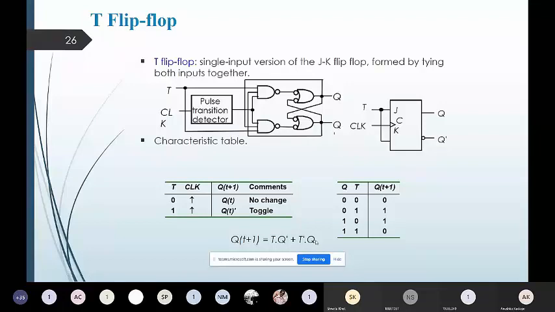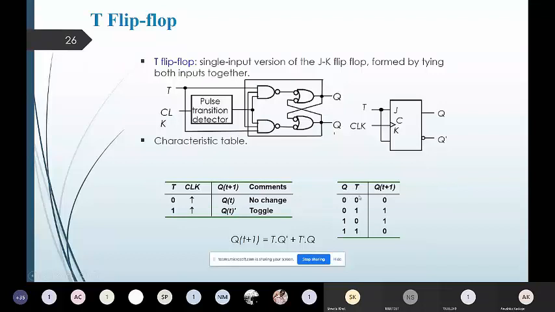In the characteristic table, the inputs will be the input of the flip-flop and the present state, while the output column will indicate the next state of the flip-flop. Here we represent the present state as Q and the next state as Q(t+1), while this flip-flop has only one input, that is T.